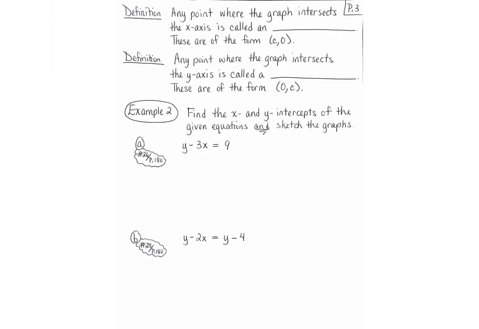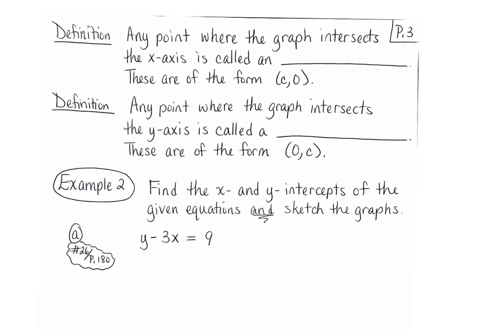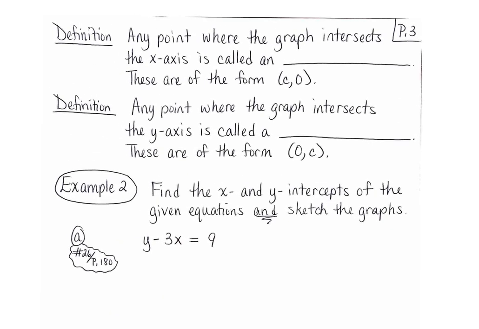Okay, so now we want to move on to our second goal in this section, and we want to talk about the intercepts of the coordinate axes. So let's start out with definitions here. Any point where the graph intersects the x-axis is called an x-intercept.